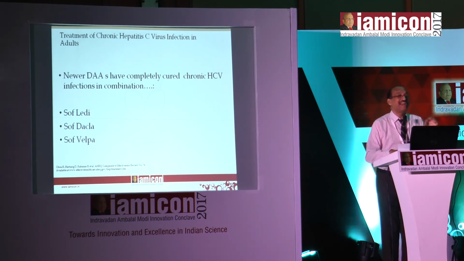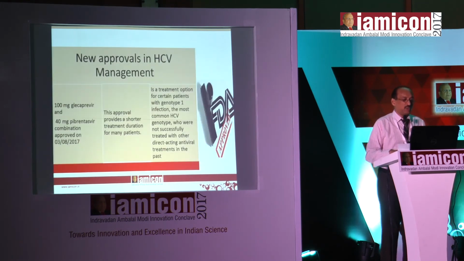We could achieve a 98% success rate, meaning SVR rates of 98%, which is not the end of therapy. 12 weeks or 24 weeks after eradication, the C virus is not there, which means it is a complete cure. I'm sure this will happen even in hepatitis B, because there are 3 new drugs in the pipeline. By 2022, we can really boast that we will be able to completely eradicate the B virus also.